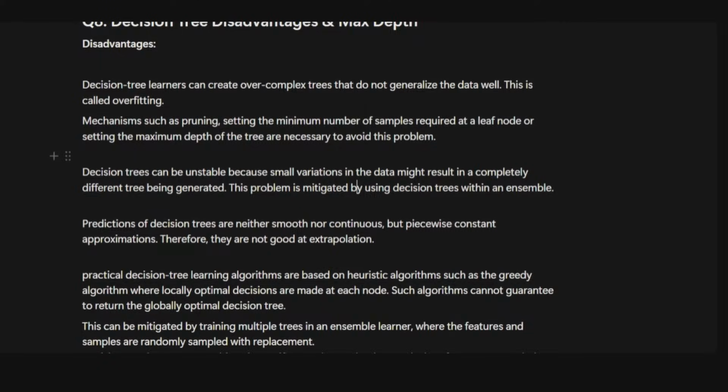For example, I'm not sure how many of you would have seen it in lab, sometimes you mention random state equal to 42. This ensures that no matter which system you run it in, you'll always get the same output that you're getting right now at this particular iteration. So something similar to that is what you're going to say using an ensemble.